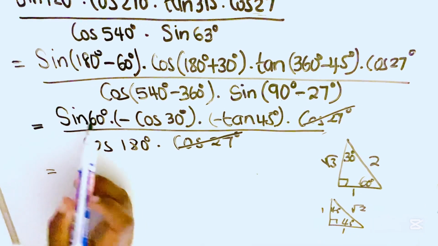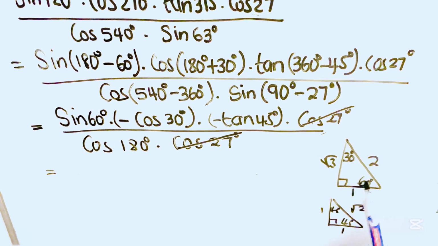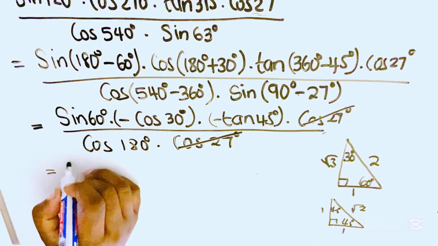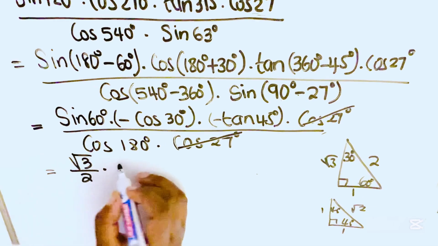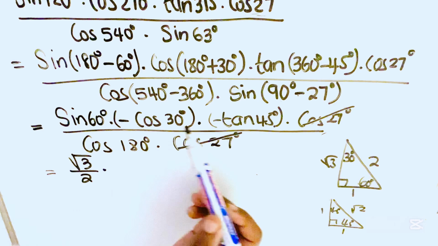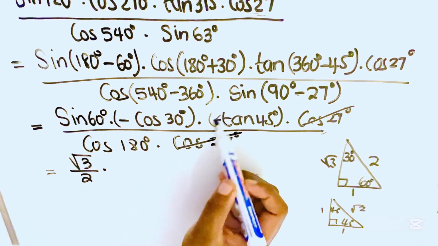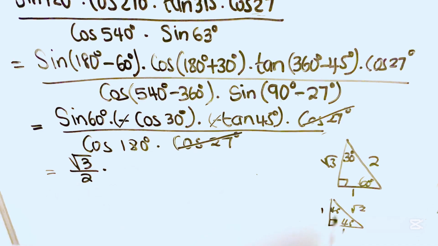Sine of 60 degrees, in the triangle with the 60 degrees, sine is opposite over hypotenuse, that is root 3 over 2, multiplied by, let's all agree that negative multiplied by negative will give us the positive. Therefore, now the cos is positive at 30, it's adjacent over hypotenuse.